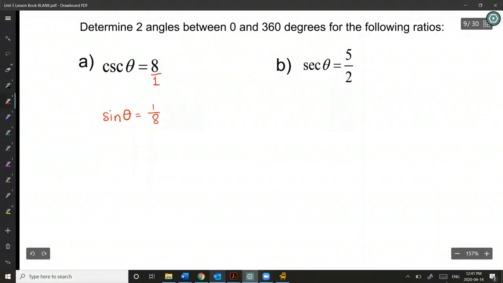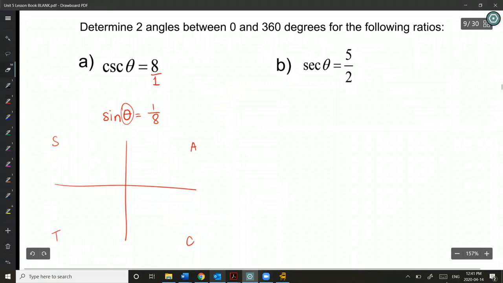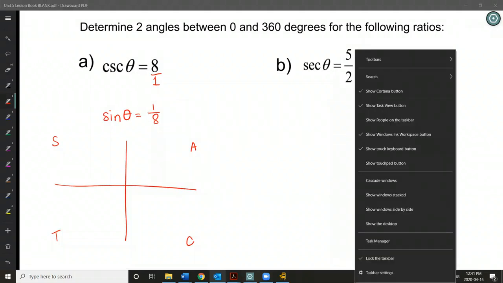And I'm also going to use the CAST rule. So thinking about what we did in our previous lessons, if I'm looking for two angles of theta that will give me a positive ratio, I know that sine is positive in two quadrants. Let's think about those quadrants for a second. See if you can circle them on your lesson.